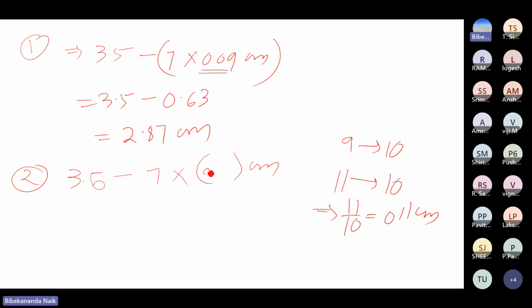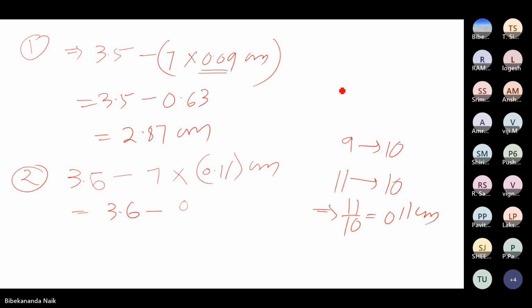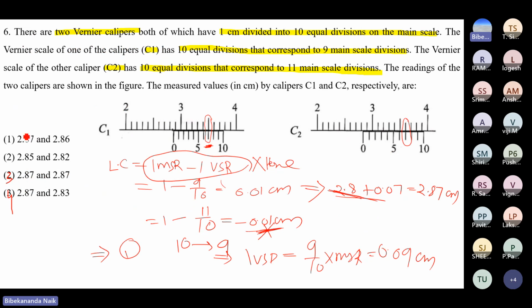So it will be 3.6 minus 0.77, which is 2.83 centimeters. So in the first case it will be 2.87 centimeter, and in the second case it will be 2.83 centimeters. So this will be the correct answer.